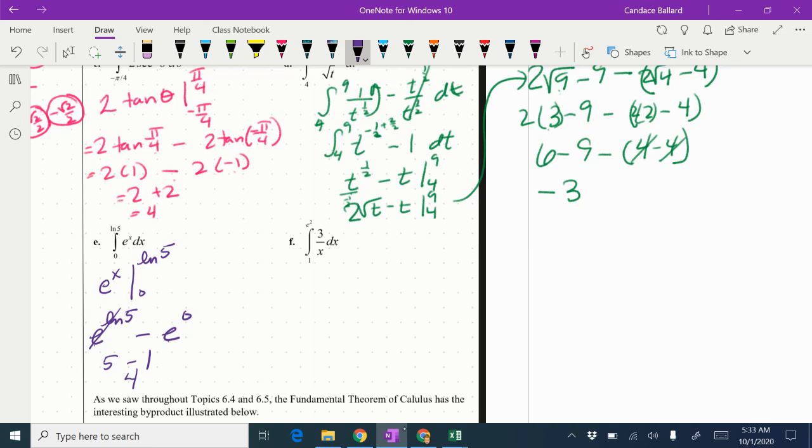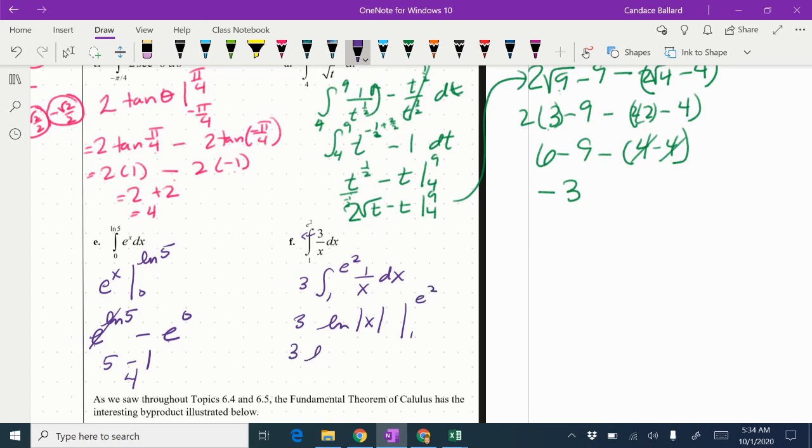I'm going to choose to rewrite this to make it look a little bit more like something we know. I'm going to bring the 3 out in front. So we've got 3, the integral from 1 to e squared of 1 over x dx. Now we're going to integrate. We know that 1 over x is the natural log of the absolute value of x, and we're going to go from 1 to e squared.